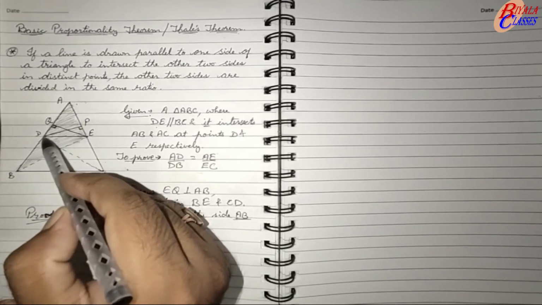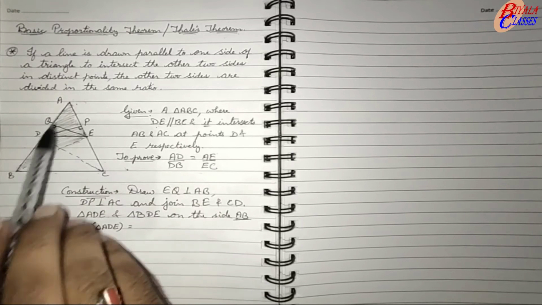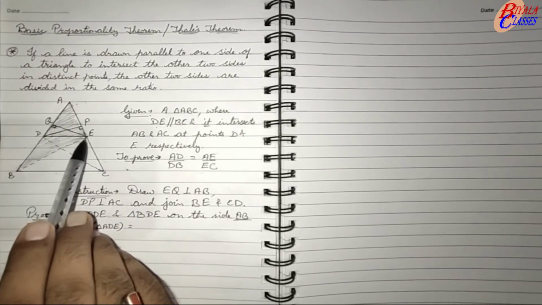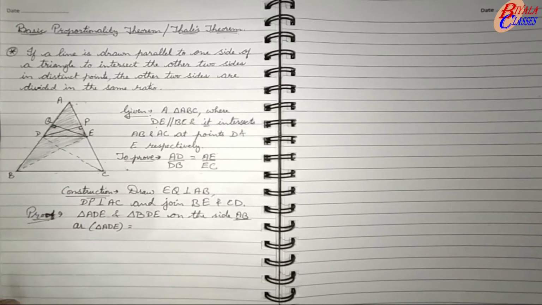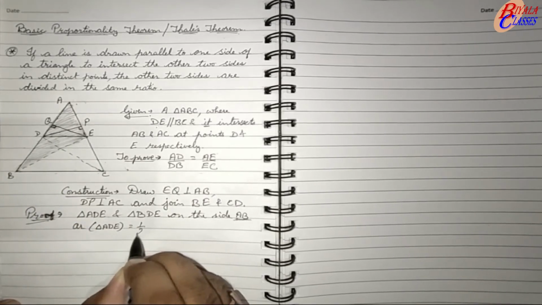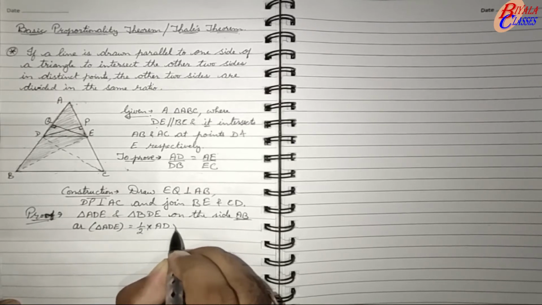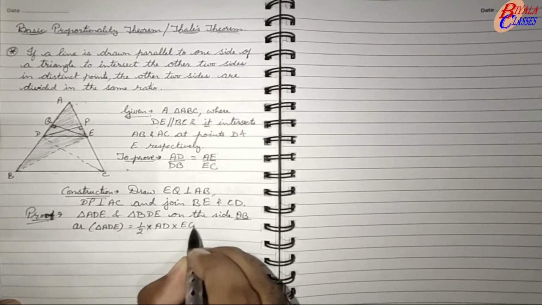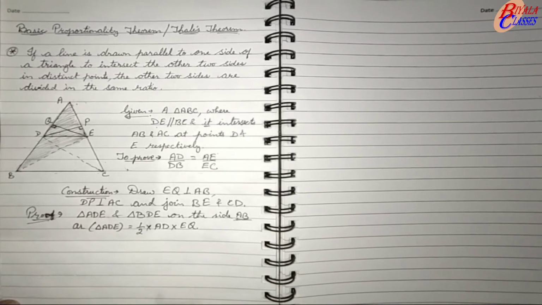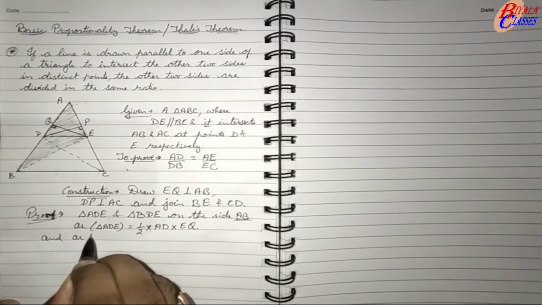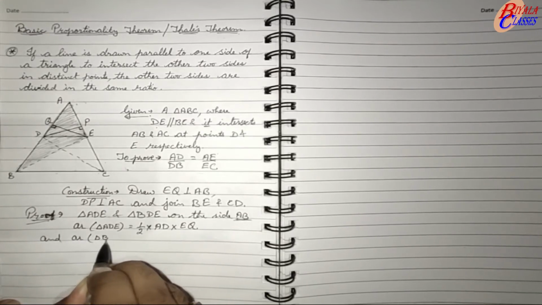So if you take triangle ADE, the base is AD and the height is EQ. So the area is half multiplied by base AD multiplied by height EQ. And what about the area of triangle BDE?